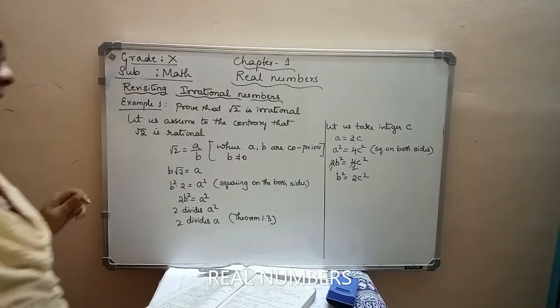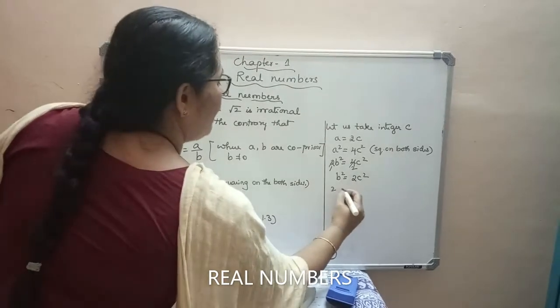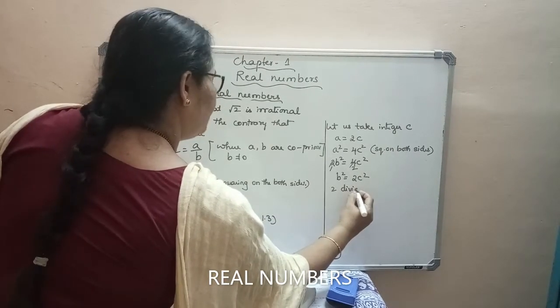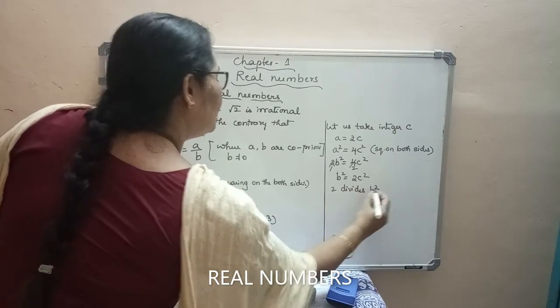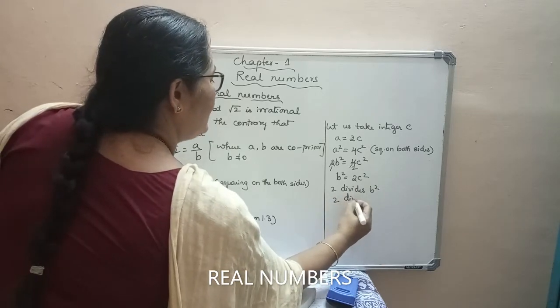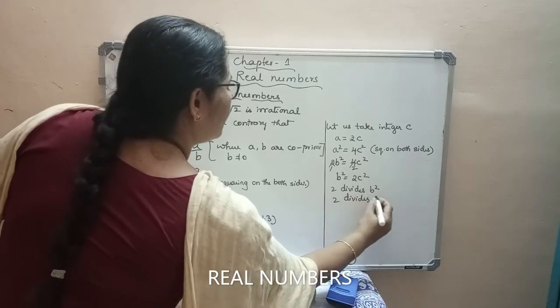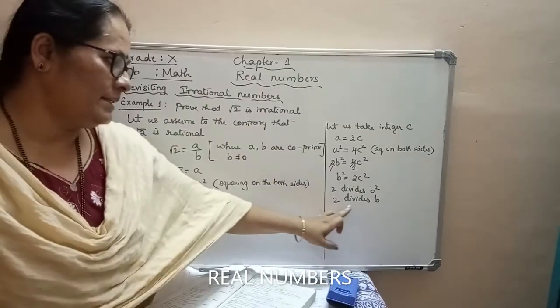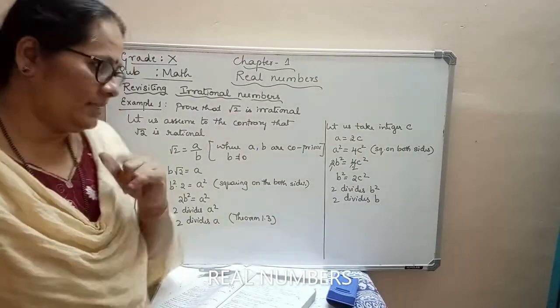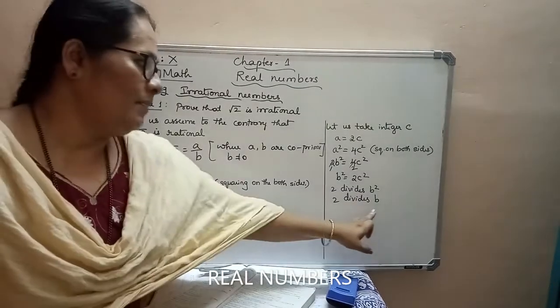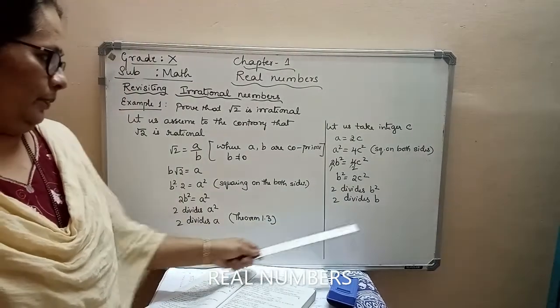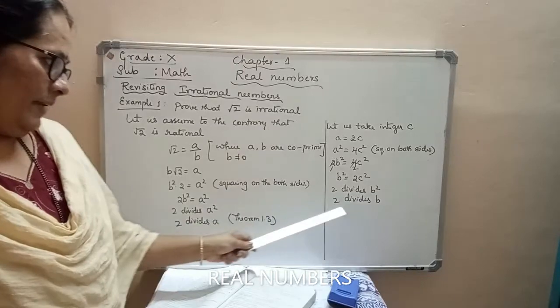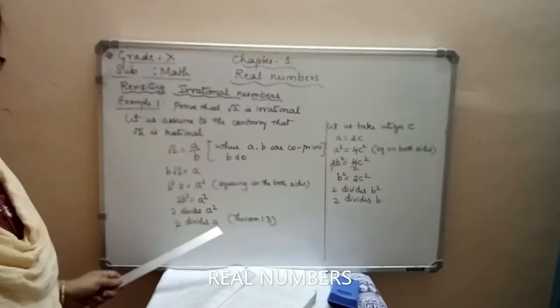It means that 2 divides B square, so 2 divides B also. It means that both A and B have the common factor 2. B has the common factor 2 and here A also has the factor 2.